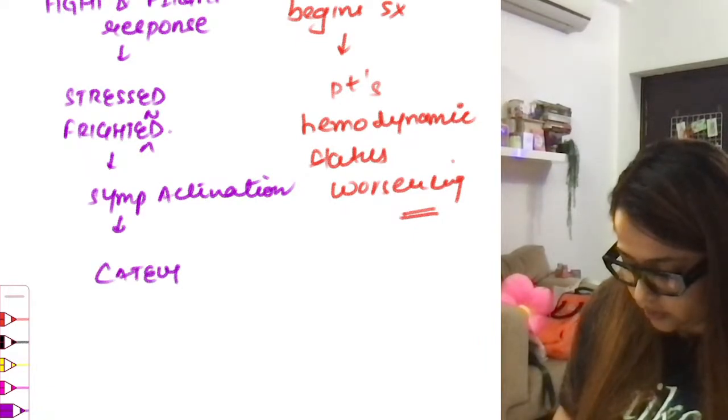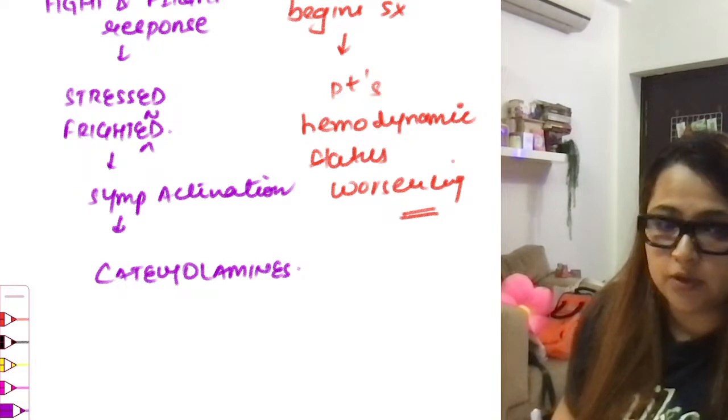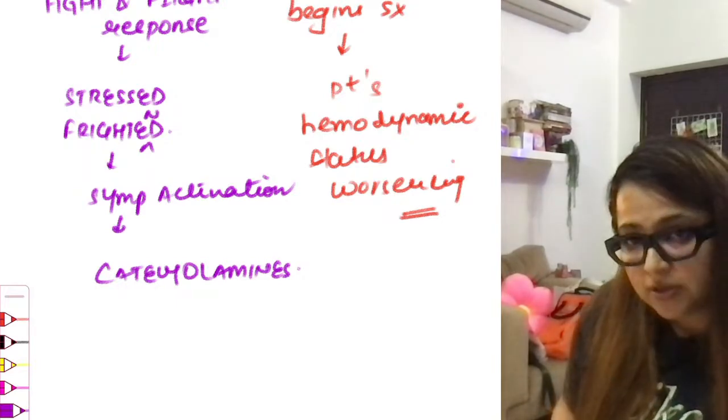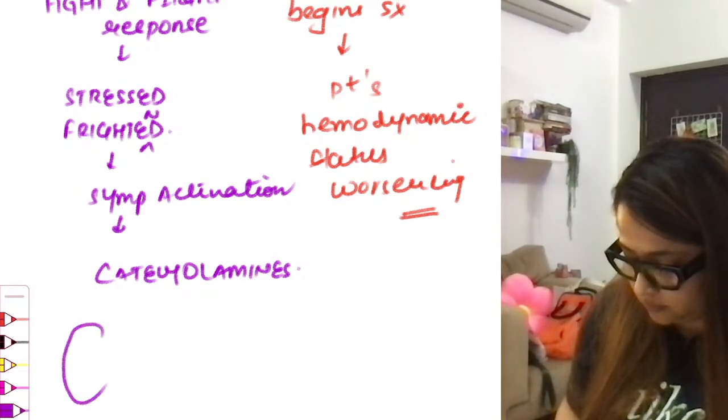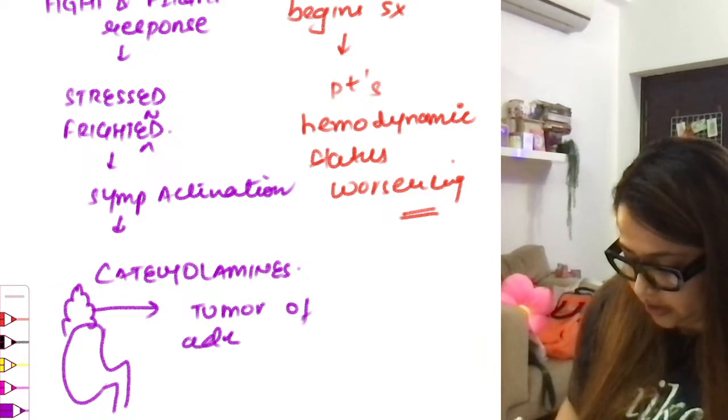Catecholamines. For example, epinephrine and norepinephrine are being released. This is what happens normally. Okay. Now, supposing the patient is having pheochromocytoma. The pheochromocytoma is the tumor of the adrenal medulla.